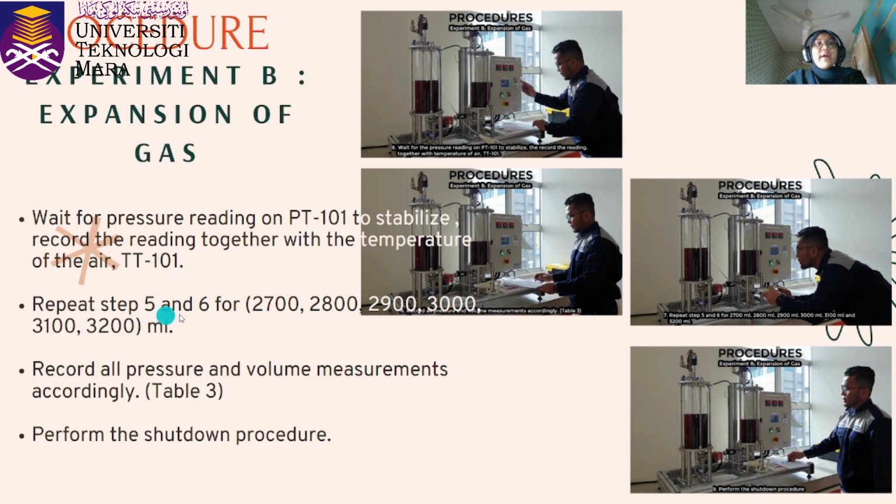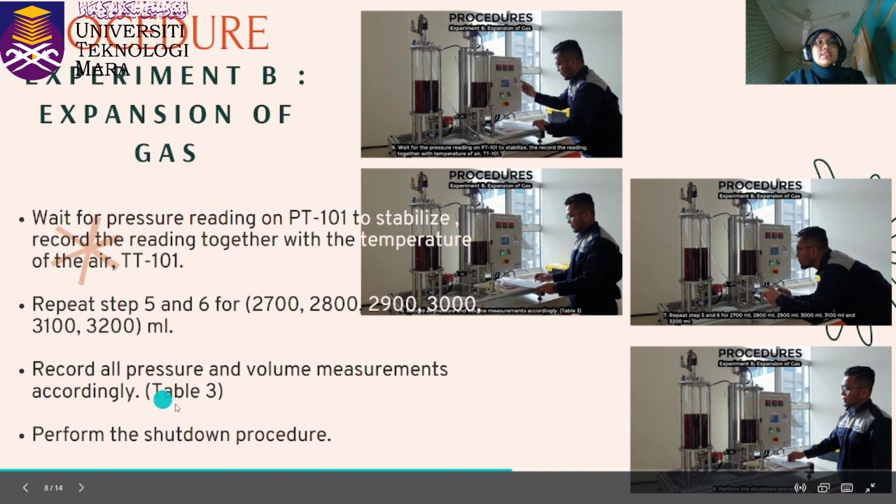Repeat steps 5 and 6 for 2700, 2800, 2900, 3000, 3100 and 3200 milliliter. Record all pressure and volume measurements accordingly using table number 3. Perform the shutdown procedure.